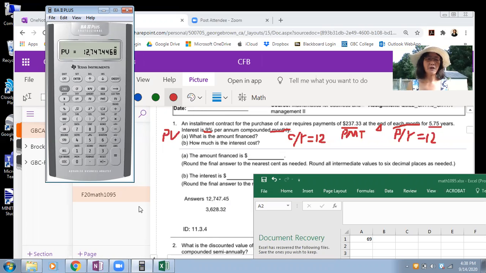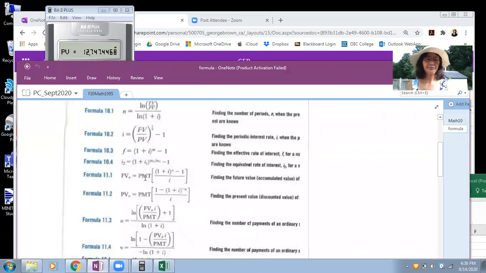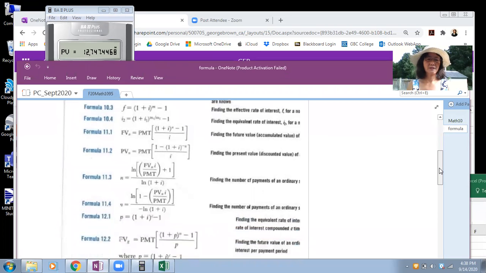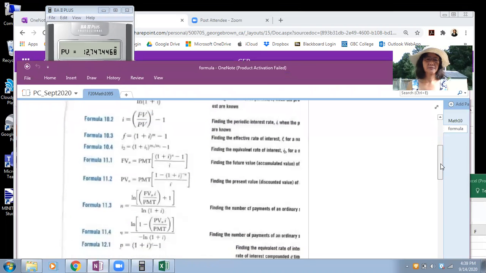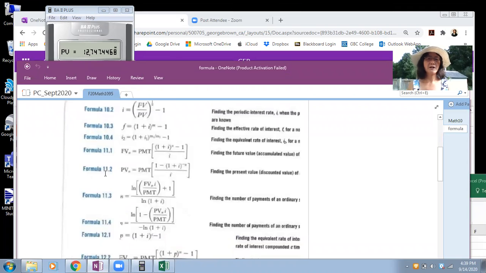The formula for present value is this one here, formula 11.2: PV, present value, equals PMT times 1 minus (1 plus i) raised to the power negative n, divided by i.